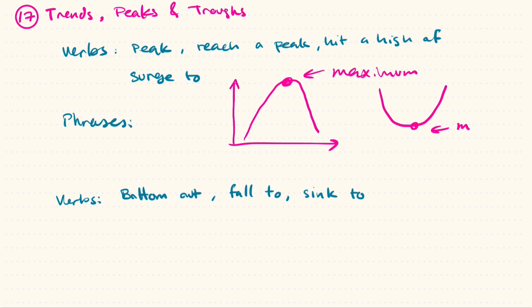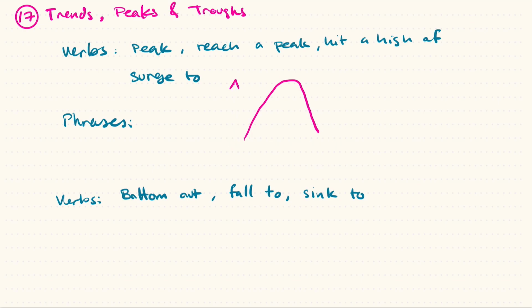So let's remove these graphs and focus on verbs and adverbs and different phrases that we can use to describe these. With a little bit of practice with these verbs and phrases, when it comes to your actual exam, you can easily write these sentences. So please practice these verbs and phrases.